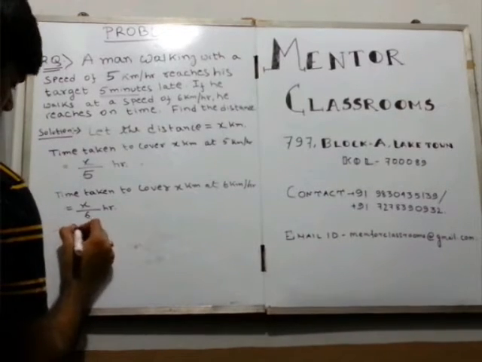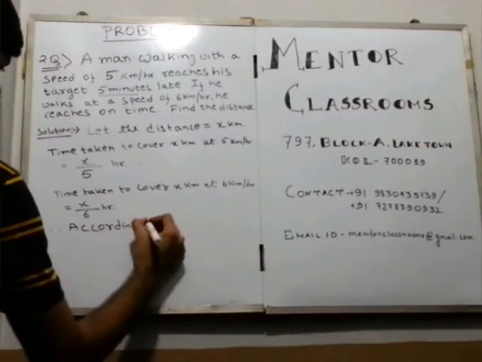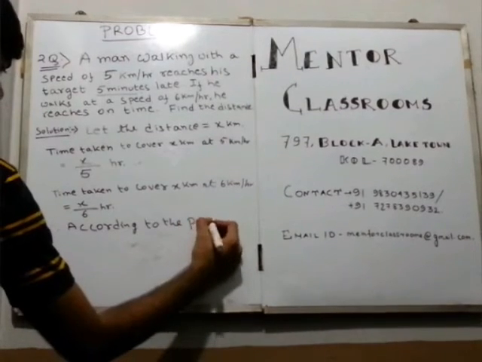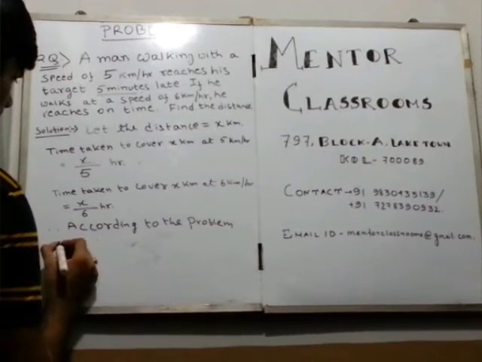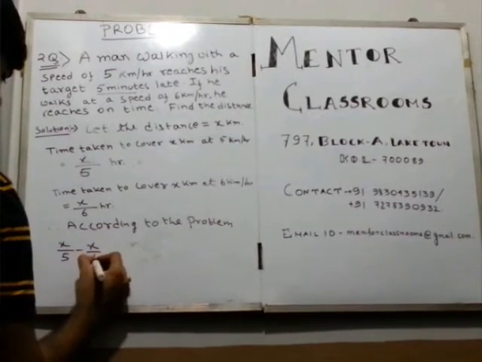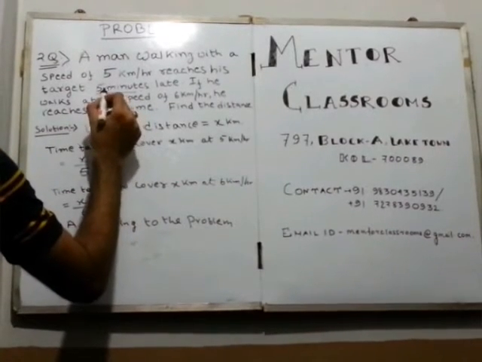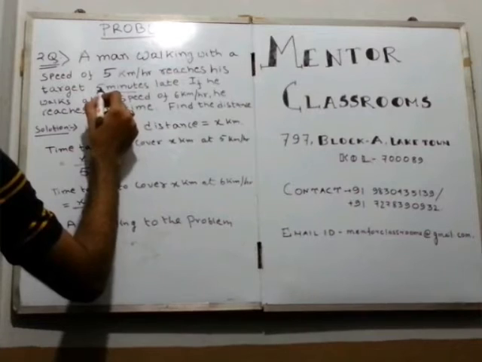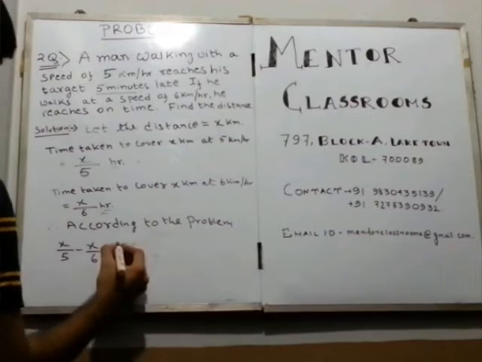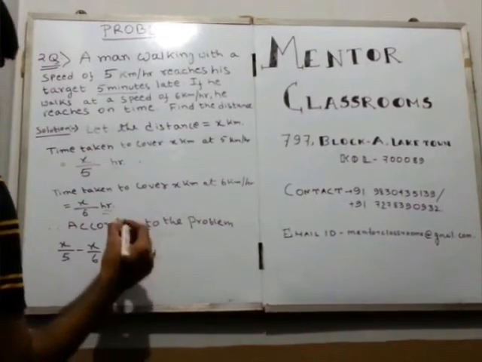So according to the problem, x by 5 minus x by 6 is equal to, remember guys, as I told, we have to be very cautious about the units. Since it's 5 minutes, we have to convert in hour, because these all units are in hour. So 5 minutes, as you know, is 5 by 60 hour.